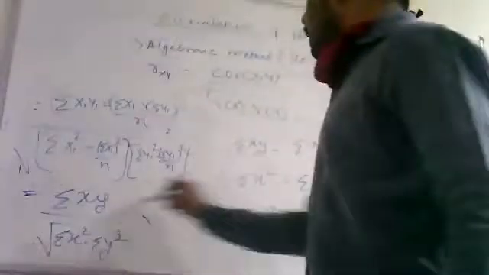Same formula you will get. Instead of this value, we are writing x square, and for y, we are writing this. From this, you can calculate the value of Rxy, correlation between x and y.